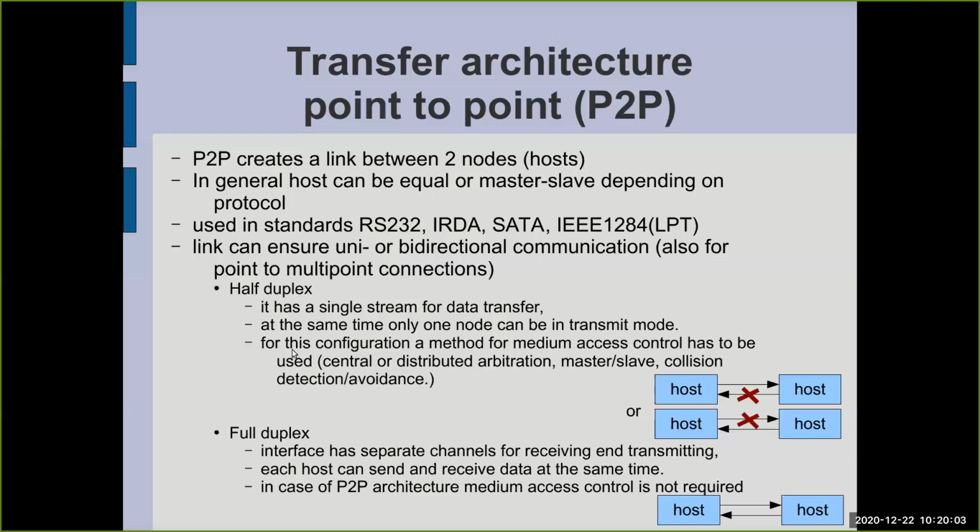So we can have simplex or half duplex transfer. So in half duplex, I told you that at the same time only a single node can transmit data. While for full duplex, both nodes can send data at the same time.